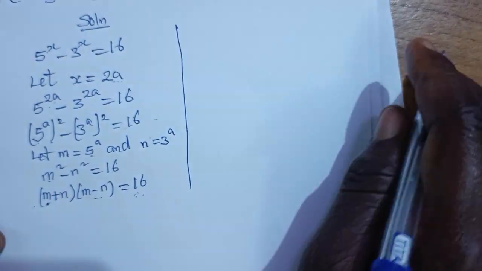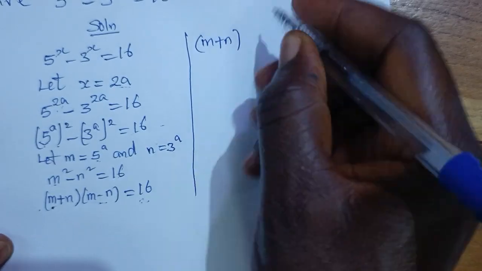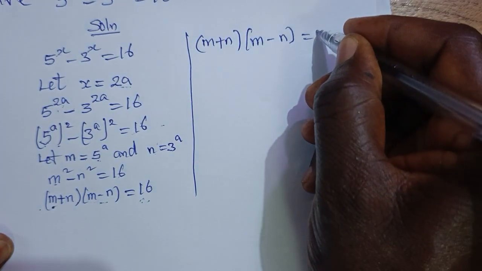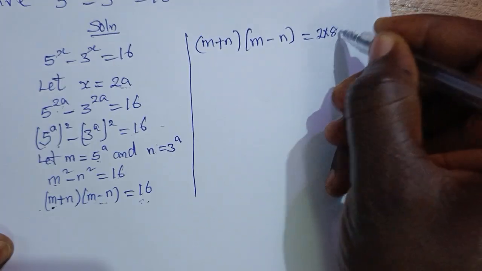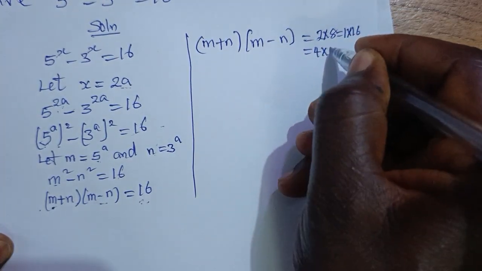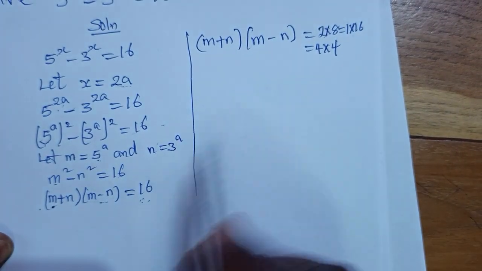So m plus n, multiplied by m minus n, equals 16, which can be written as 2 times 8. We can also write it as 1 by 16, and as 4 by 4. But 16 is an even number.